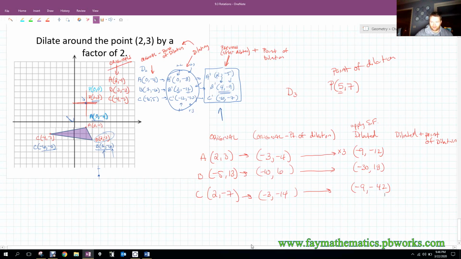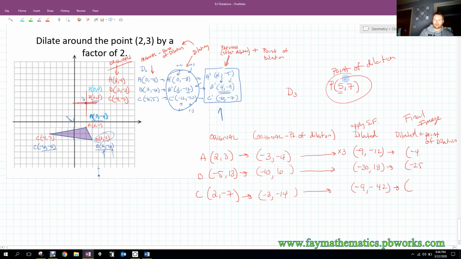And then we are going to add back in, and this will give me my final image. The final image is to add back in what we subtracted out. What we subtracted out, remember, was that 5, 7. So I'm going to take negative 9 and add back in 5, which gives me negative 4. I'll do all my x's: negative 30, add back in that 5, gives me negative 25.